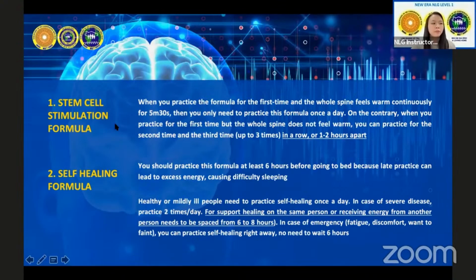Some more notes here. For the stem cell stimulation formula, when you practice this formula for the first time and the entire spine feels warm continuously for 5 minutes and 30 seconds, then you only need to practice this once a day.